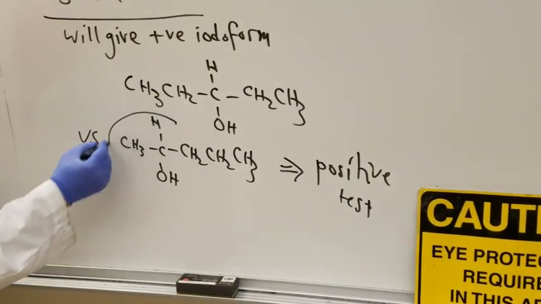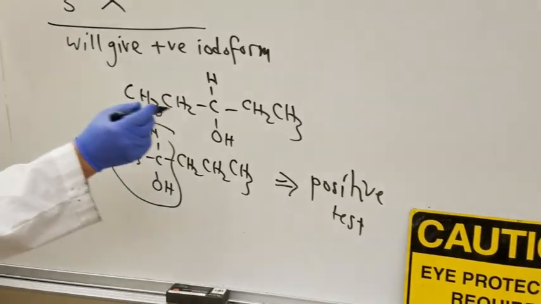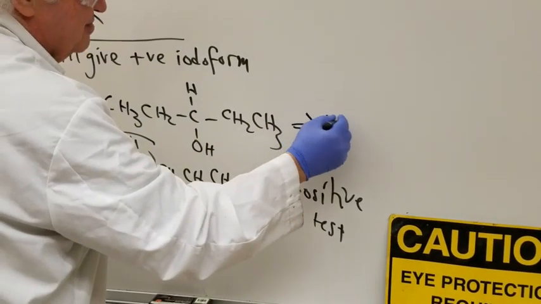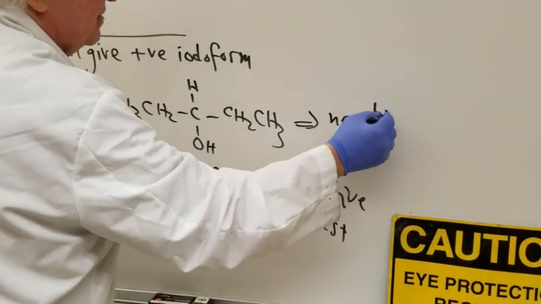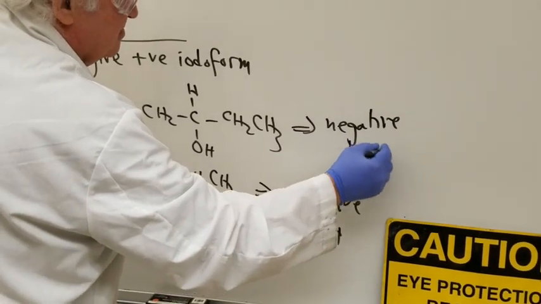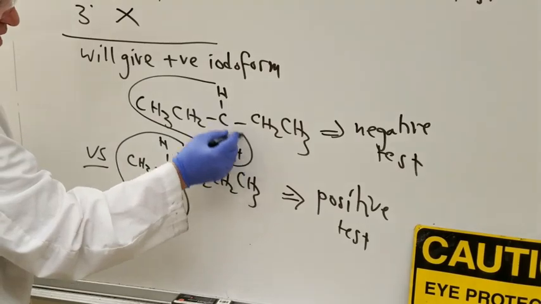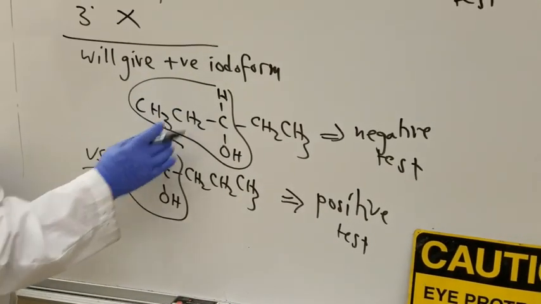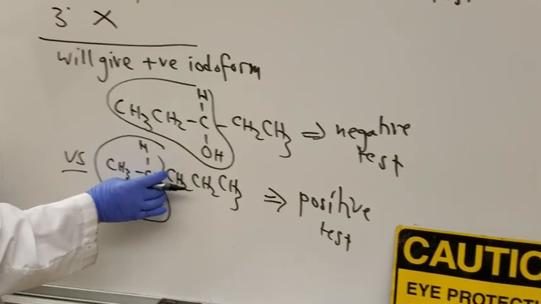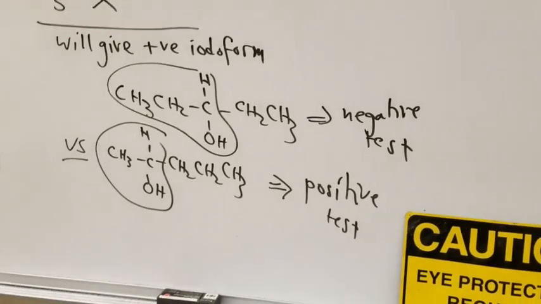Why? Because you have the group here. This one will give you a negative test. Why? Because you see what you have here is CH3, CH2. You don't have CH3 directly attached to the carbon that carries the OH.